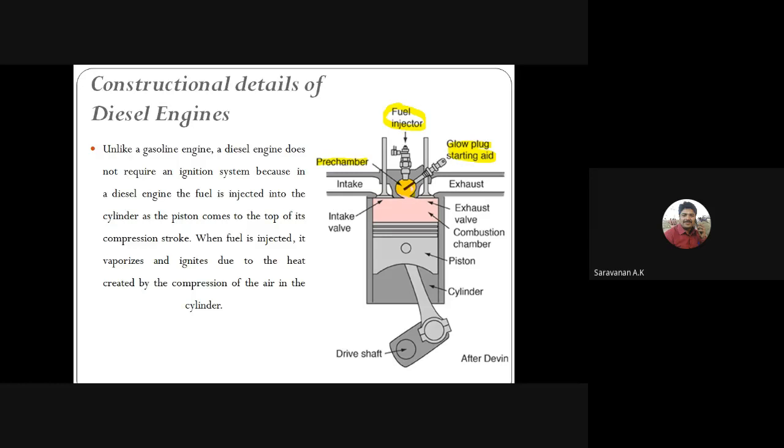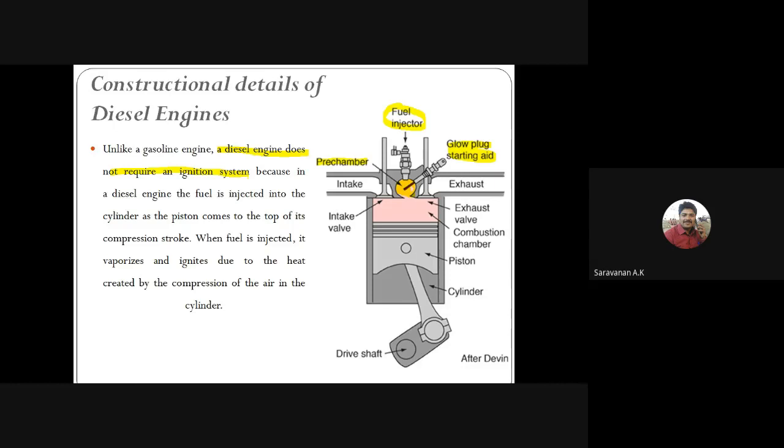The remaining components are the same as the petrol engine. The diesel engine does not require the ignition system. Why?